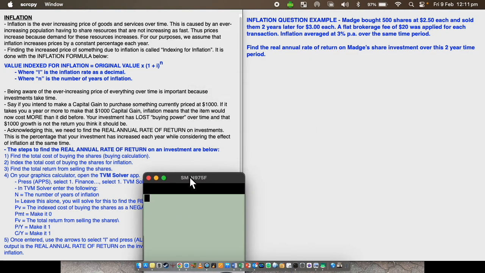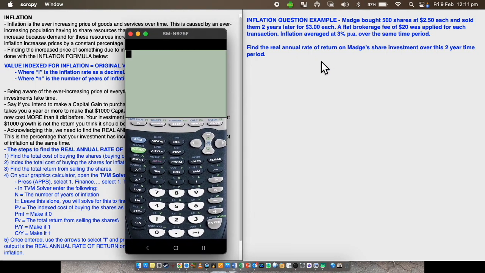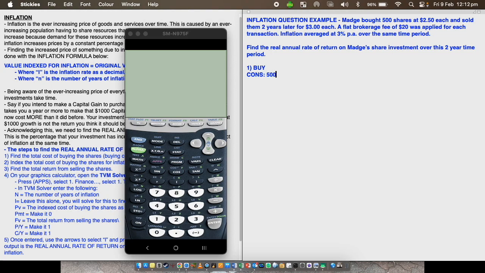Step 1 is find the total cost of buying the shares. That is a buying calculation. What are the 3 parts of a buying calculation? I know it's annoying that I repeat that, but the reason I repeat it exactly the same way is so that you can't whinge to me later that I didn't show you how to do it. So there were 500 shares that she bought at what price? 500 times 2.5. Brokerage was a flat fee, so it was just 20.